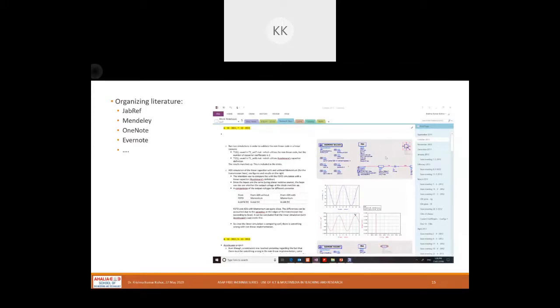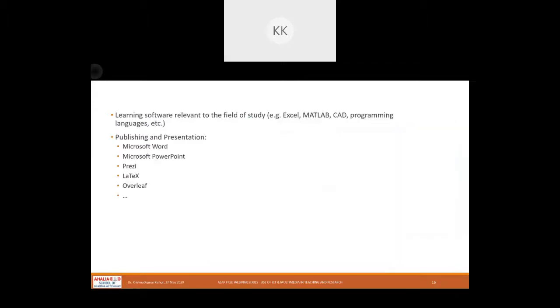And then, depending on your field of study, there will be various relevant softwares available as well. For example, I come from an engineering background, so sometimes you had to use MATLAB a lot. You might have to use programming languages. All these are part of ICT and multimedia, right? You are able to do this because of the communication technology that we have. And for example, statisticians might use Excel a lot.